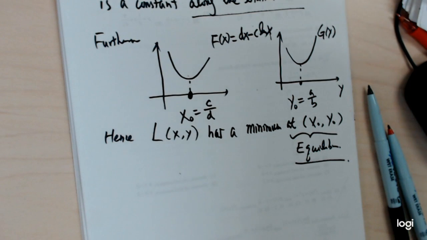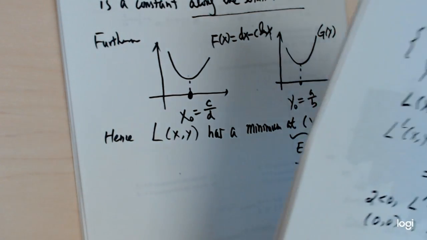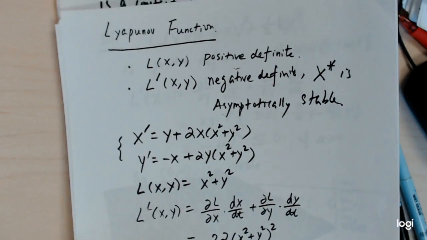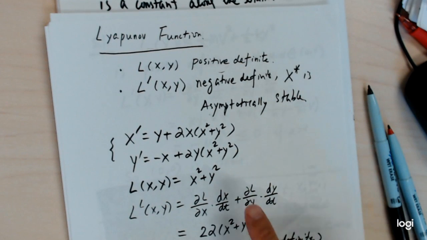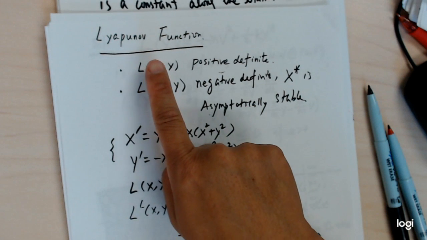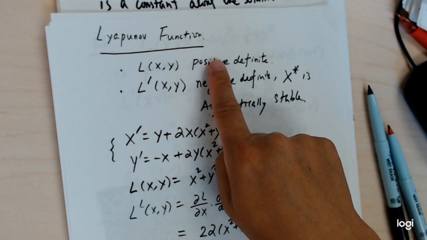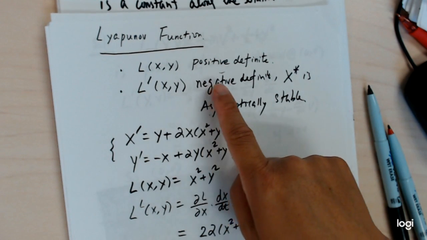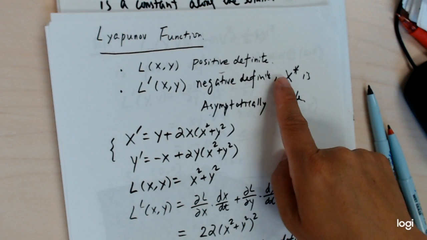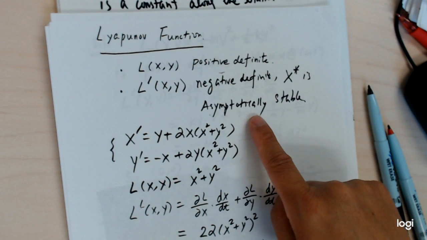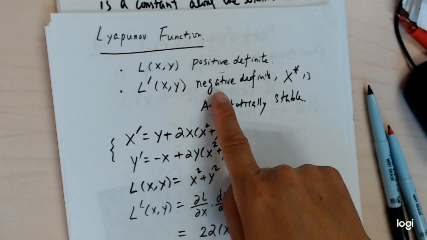So I want you to go back to the part where we talked about the Lyapunov function, and the results were different. Let me show you the Lyapunov function we had before. Notice that for that part, I need L to be always positive, and L prime always to be negative. Then I can claim x star to be asymptotically stable. If L prime is negative, then the equilibrium will be asymptotically stable.